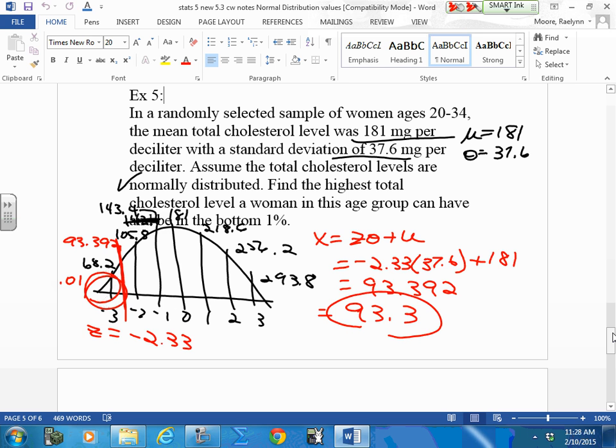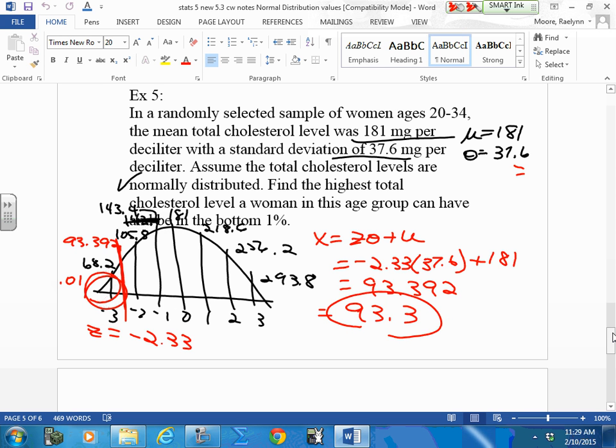Now I think your book also does this part wrong too. If actually it's the top 1%, you will round up, yes, then you would round into that shaded area. I noticed that the book went to 2 decimals.